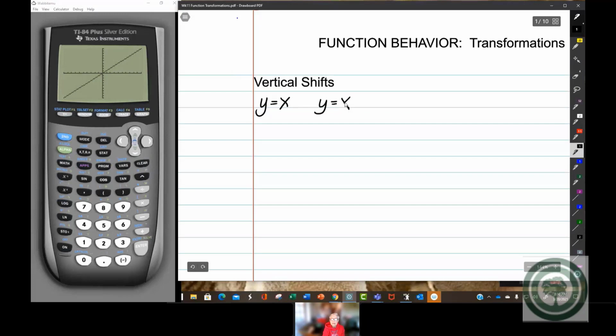If I want to shift this graph up 3 units, then the way I code that is with a +3 on the right end.